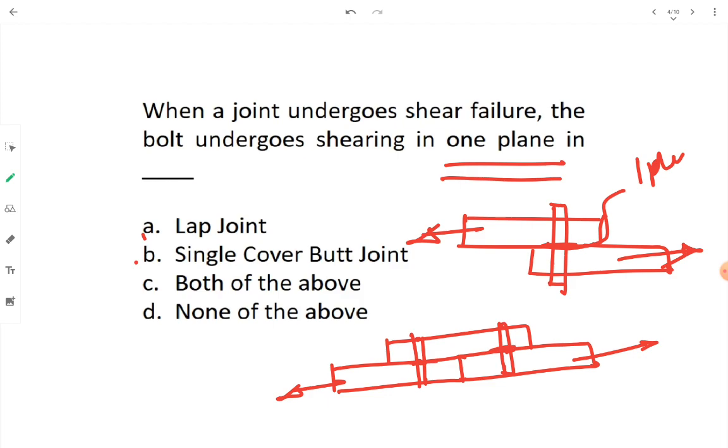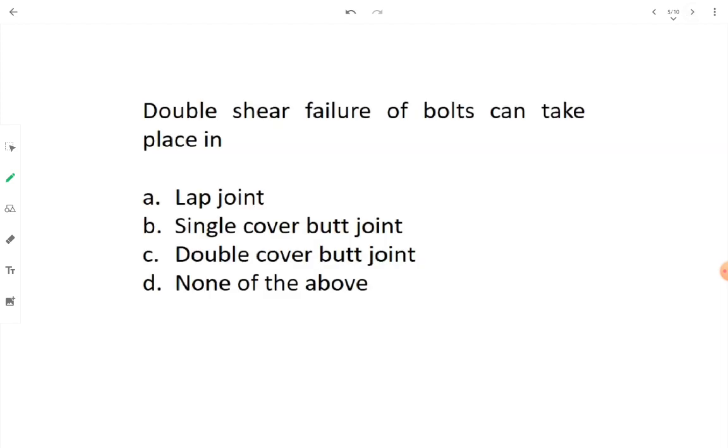So the lap joint is susceptible to shearing of the bolt in one plane, and the single cover butt joint is also susceptible to failure of the bolt under one shearing plane. That's why we are going to tick option C, both of the above. Now let's go to the next question.